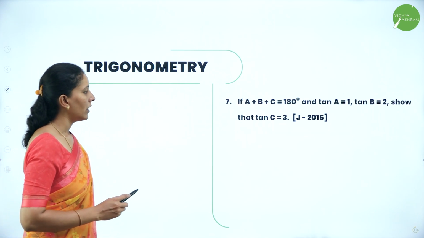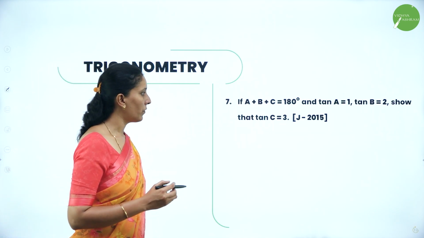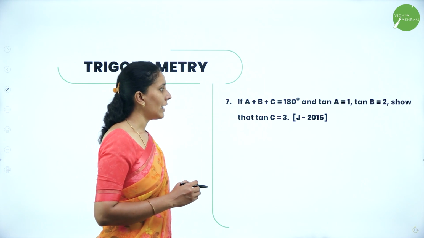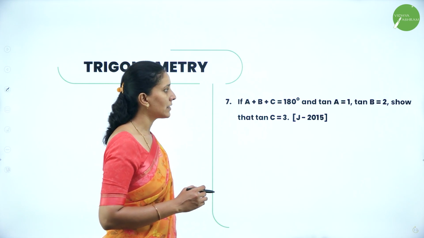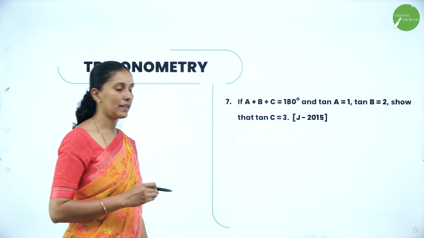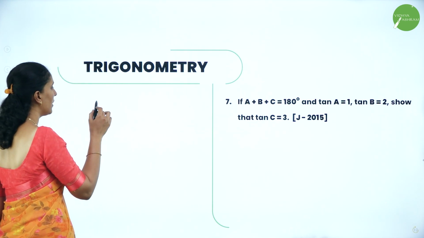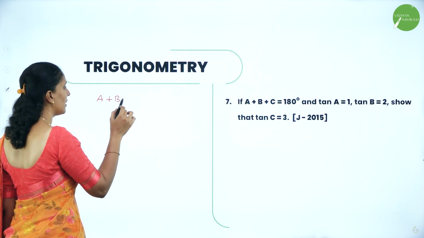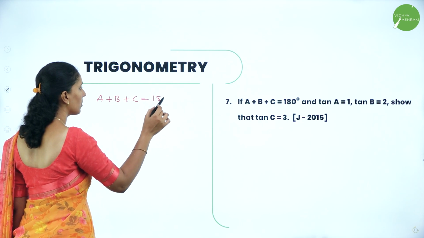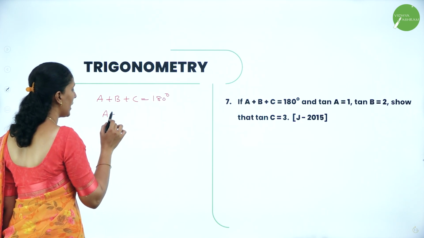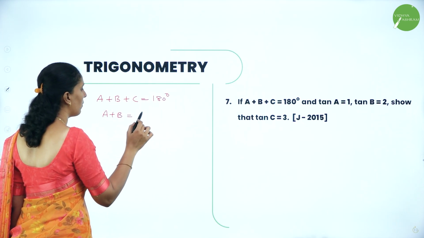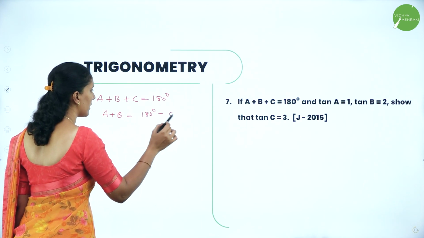Next, if a plus b plus c is equal to 180 degree and tan a is equal to 1, tan b is equal to 2, show that tan c is equal to 3. So using the sum of angles of a triangle here, let me write a plus b is equal to 180 minus c.